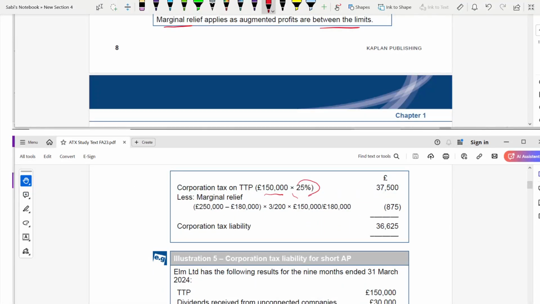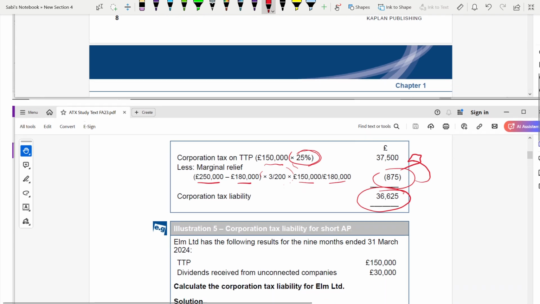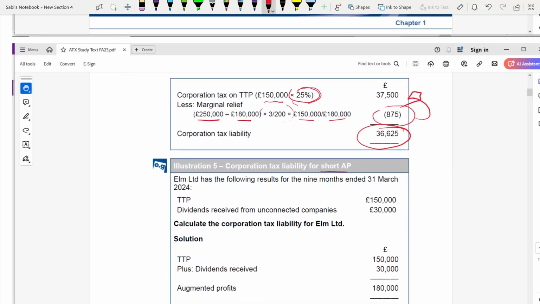Because you have a marginal relief, you can see the corporation tax is 25%. So it is the upper limit minus the augmented profit, into standard fraction, into the TTP divided by augmented profit. This is your marginal relief, which you will deduct from corporation tax on TTP, and you will get your corporation tax liability.